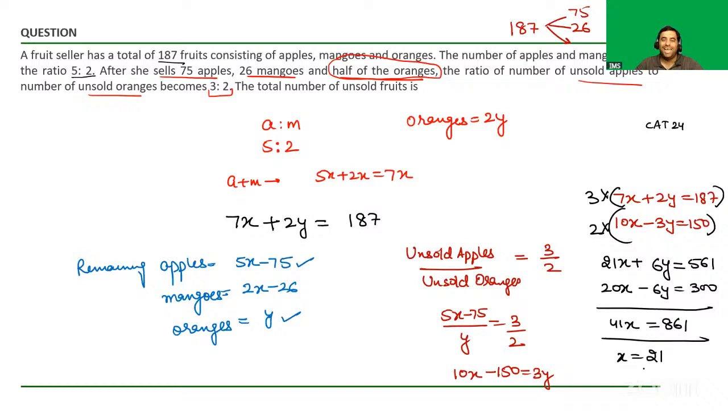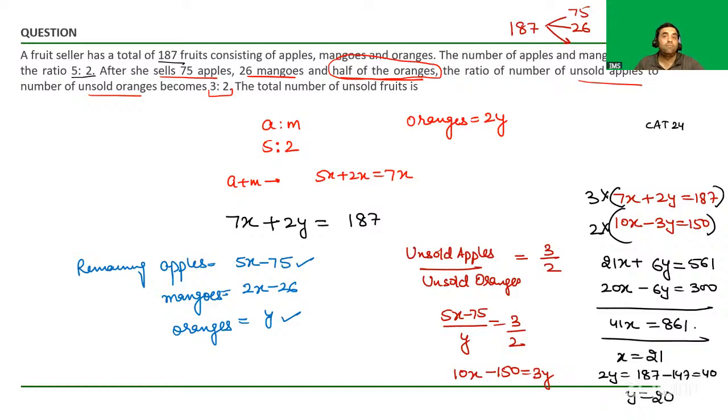Once you plug in x as 21, we end up getting nothing but 2y is equal to 187 minus 147, which is 40, or y will become nothing but 20.